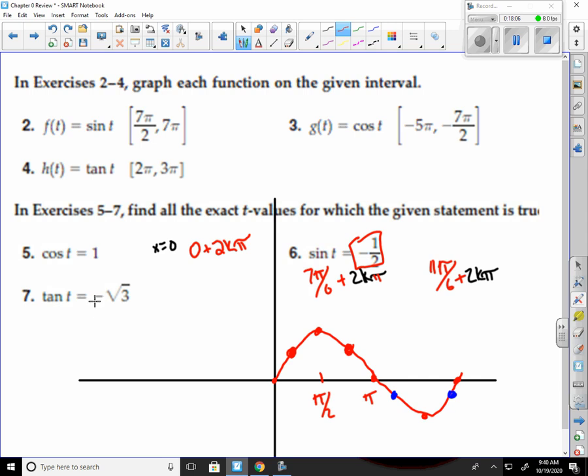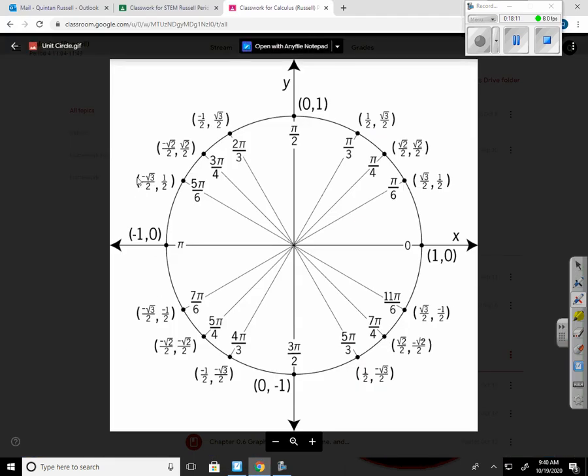Lastly, when is the tangent of t equal to -√3? Look at the unit circle. When is my sine √3 over 2 and my cosine negative? That would be here at 2 pi over 3.